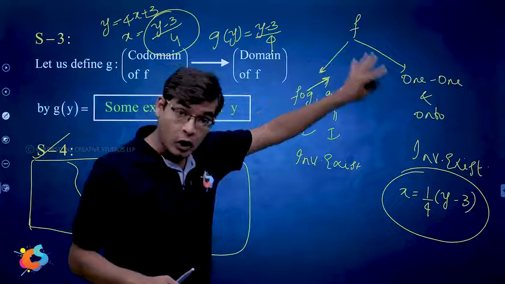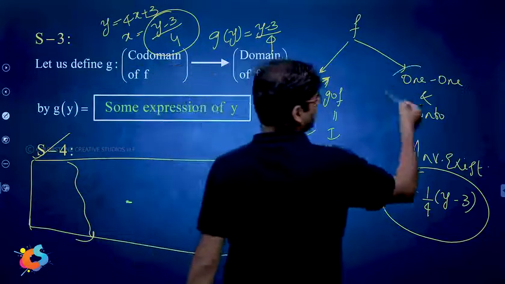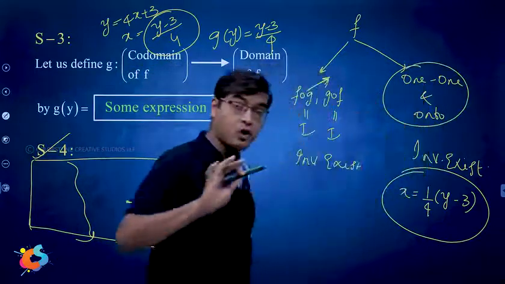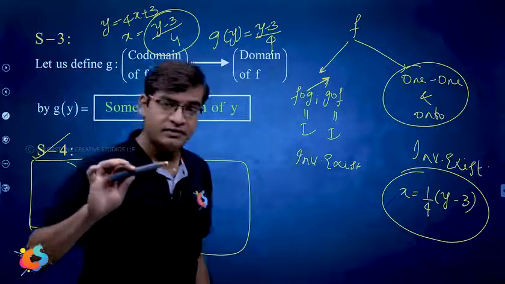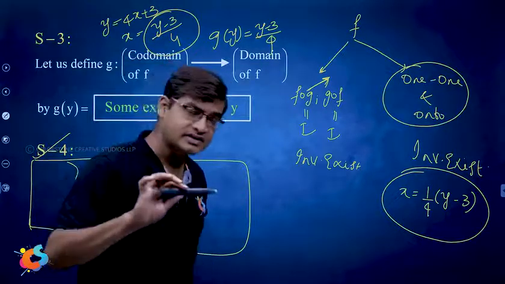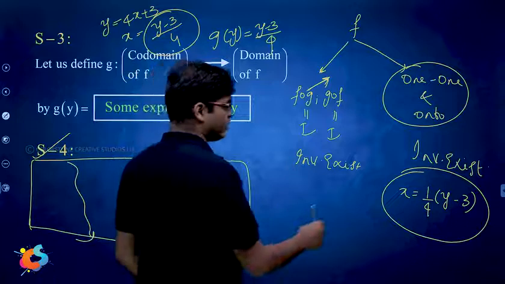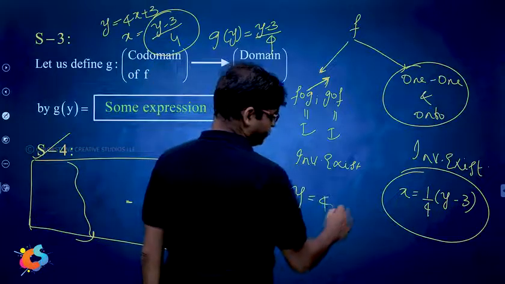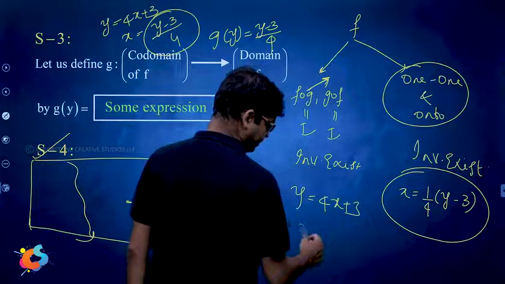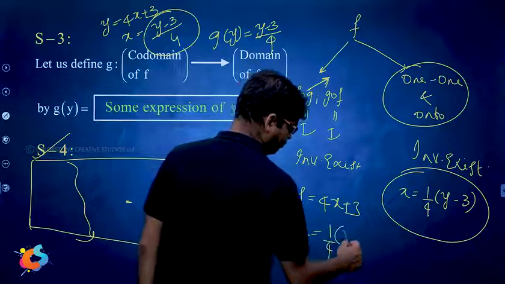In competitive exams, you see if the original function is one-one or not, onto or not. If it is one-one, if it is onto, then directly you have the answer. You want to find for y is equal to 4x plus 3, 1 by 4 into y minus 3.